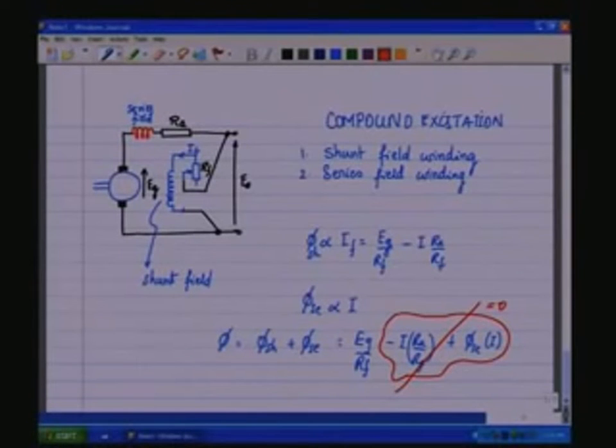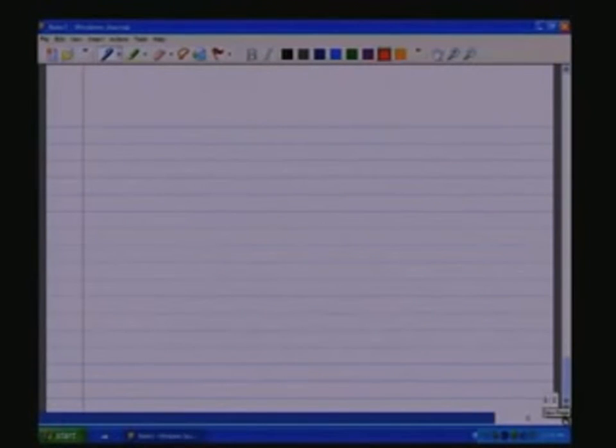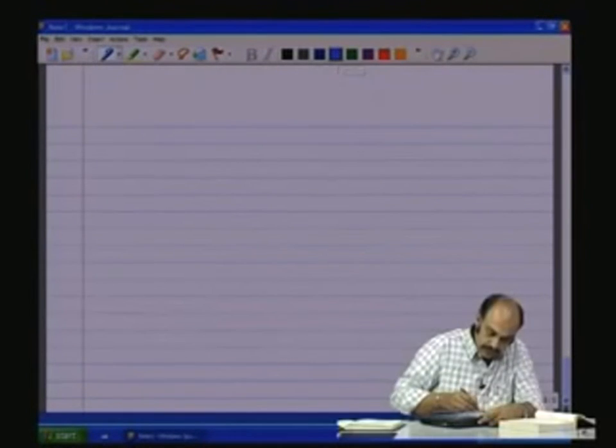Because we are having the series and the shunt field together, it is called the compound excitation or the compound generator. So, internally the connection will look something like this.